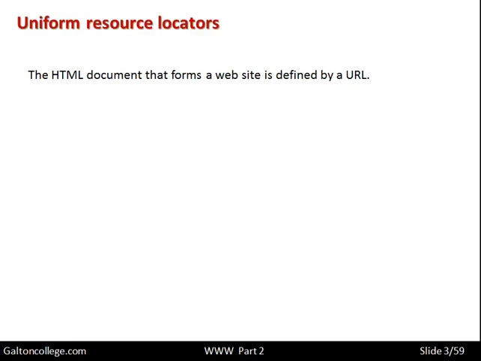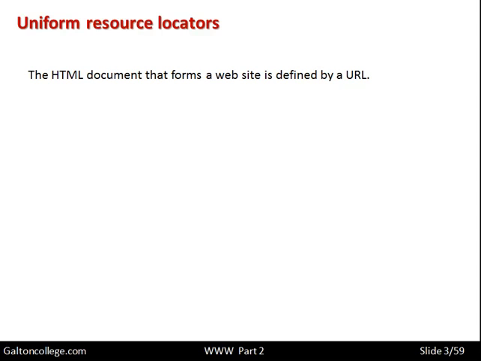The HTML document that forms a website is defined by a URL, the Uniform Resource Locator. So the HTML page, the hypertext markup language page that constitutes a page on a website, is defined by its URL.